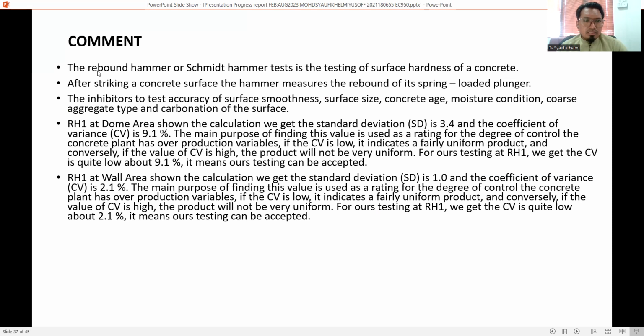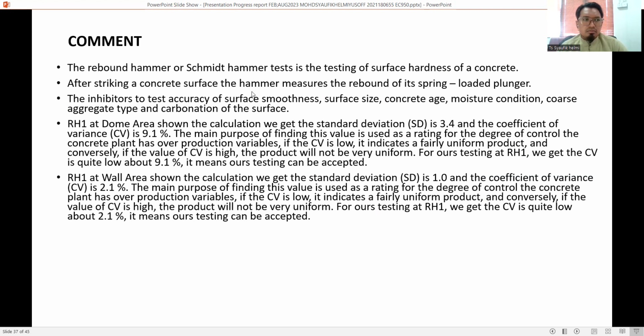So the comment: the rebound hammer data can test the surface hardness of the concrete. After striking the concrete surface, the hammer measures the rebound. It is a spring-loaded plunger.